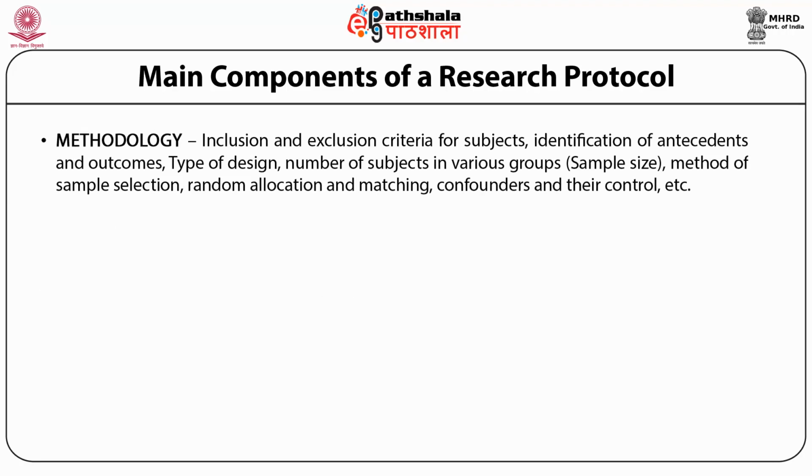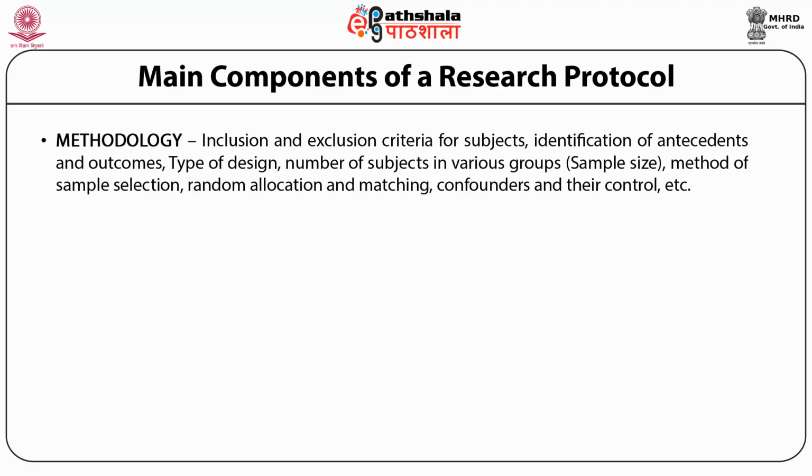Methodology. In this section, we should have all the inclusion and exclusion criteria of the subject, identification of the outcome, and the study design which you are going to achieve.